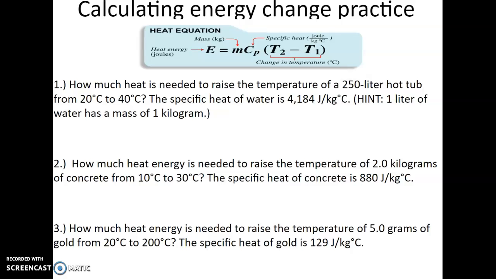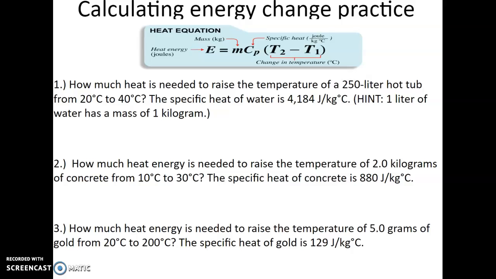And then the change in temperature, so delta T, or T2 minus T1, is 20 degrees to 40 degrees Celsius. So how much is the temperature changing? Well, 40 degrees Celsius was the final temperature, 20 degrees Celsius was the initial, so 40 minus 20 would be a change in temperature of 20 degrees Celsius. Now your mass: you know the volume of water is 250 liters. They're telling you that 1 liter has a mass of 1 kilogram.